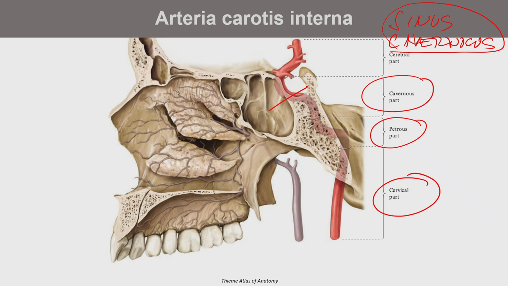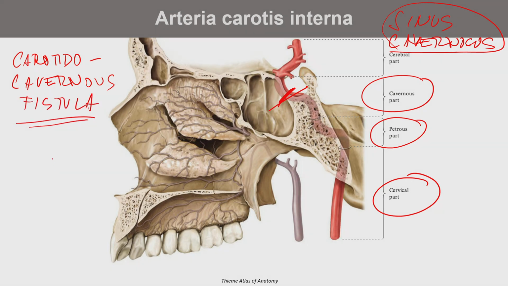Sometimes it could occur, or here, sphenoid bone, better sphenoid bone. You can have an injury of the artery and the cavernous sinus, and then we can sometimes observe a carotid-cavernous fistula.